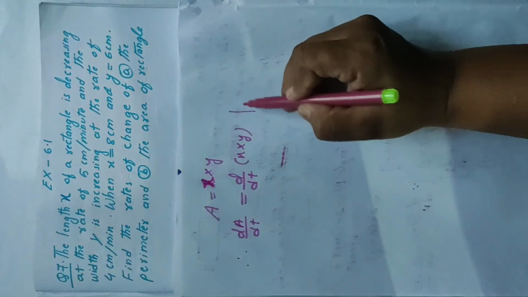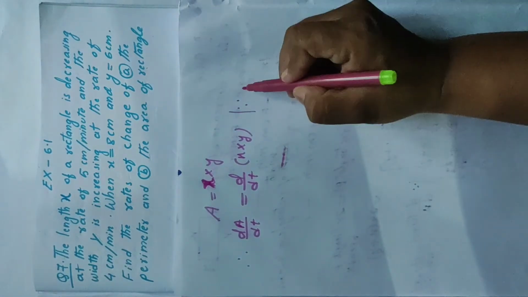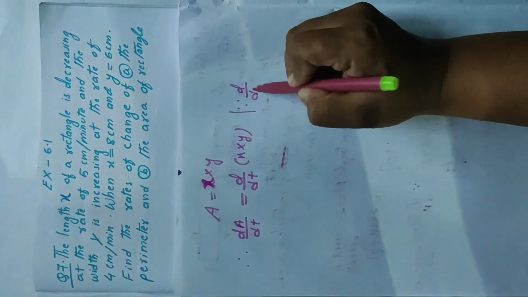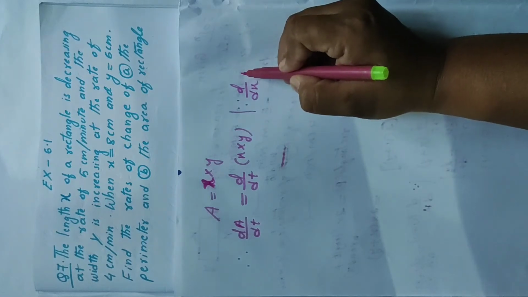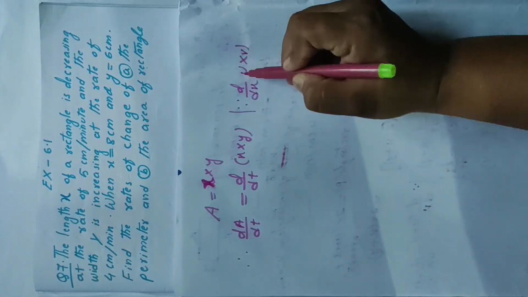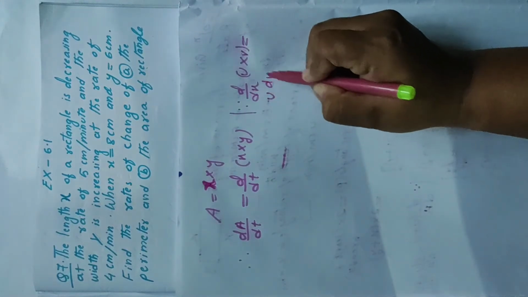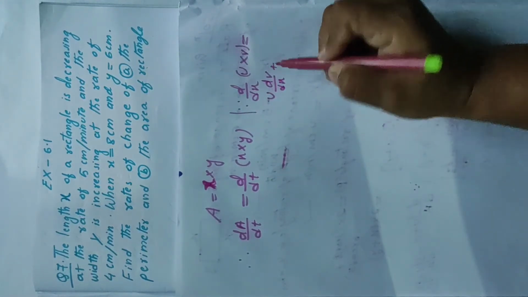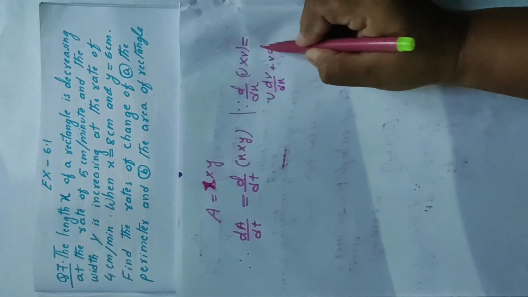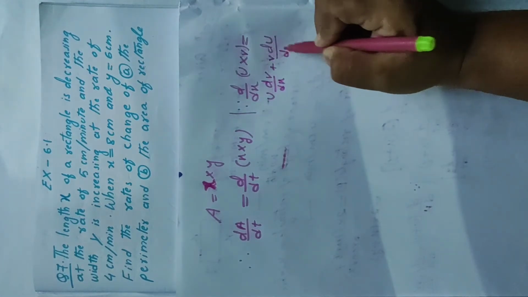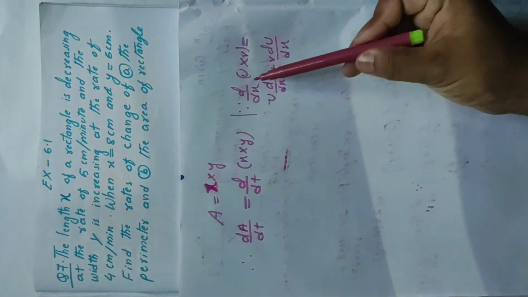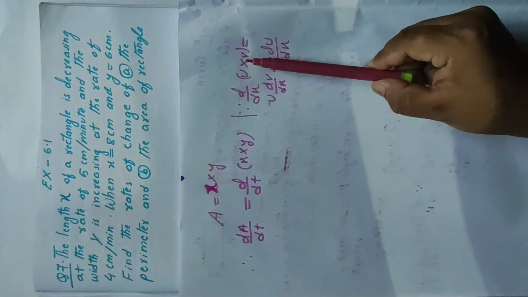Now use this differentiation formula: d/dx of u into v equals u dv/dx plus v du/dx. This is the differentiation formula for the product of u and v.